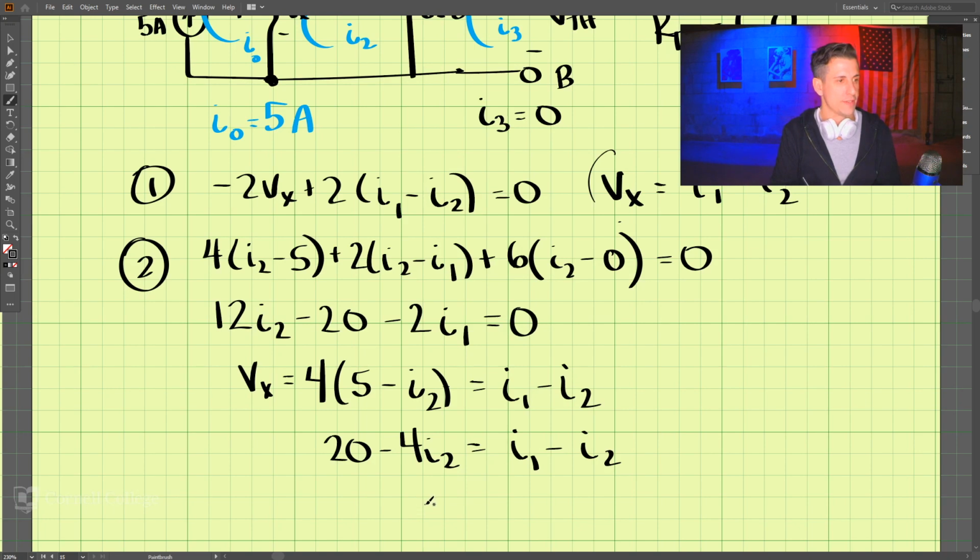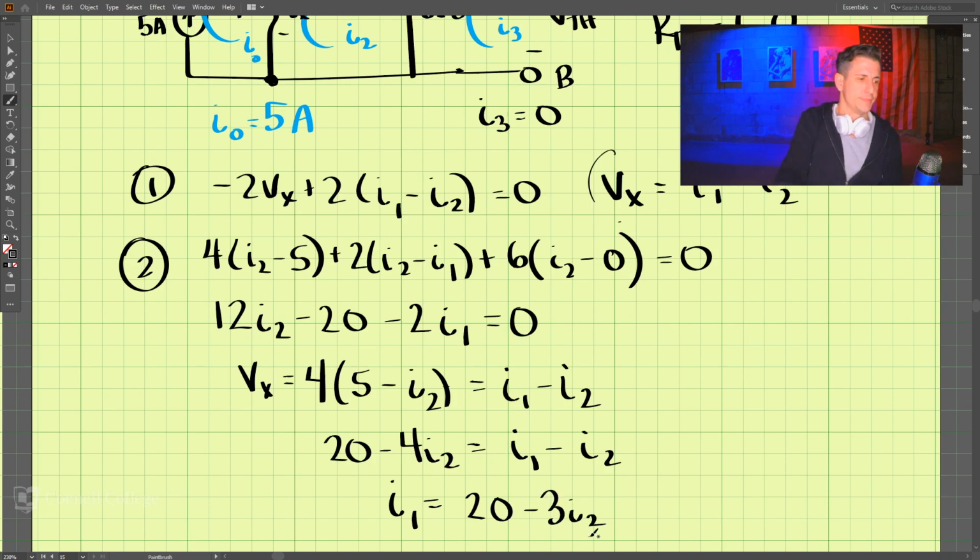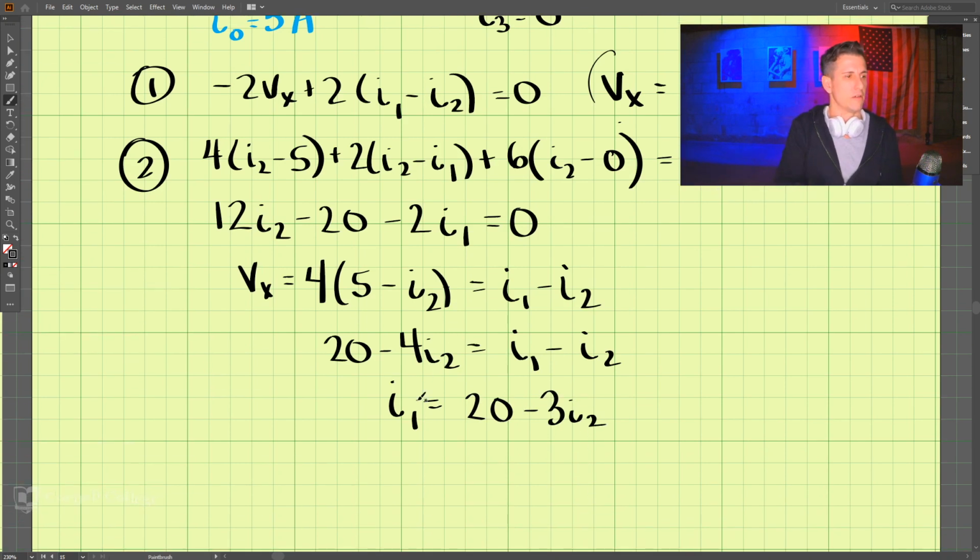So that means I1 is equal to 20 minus 3I2. All right, this is getting a little complex.